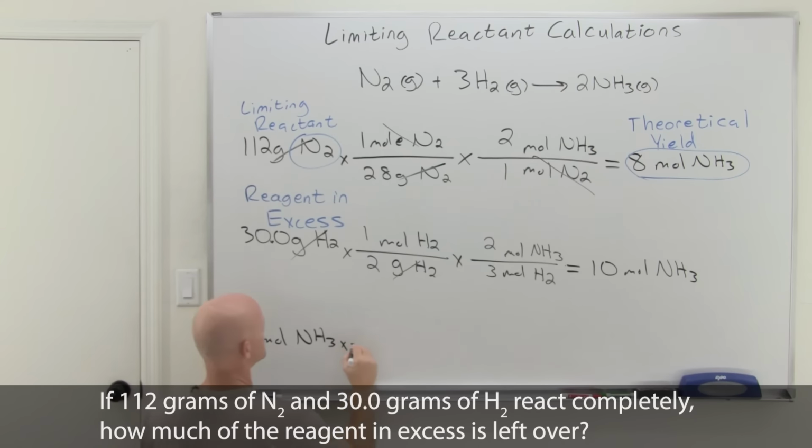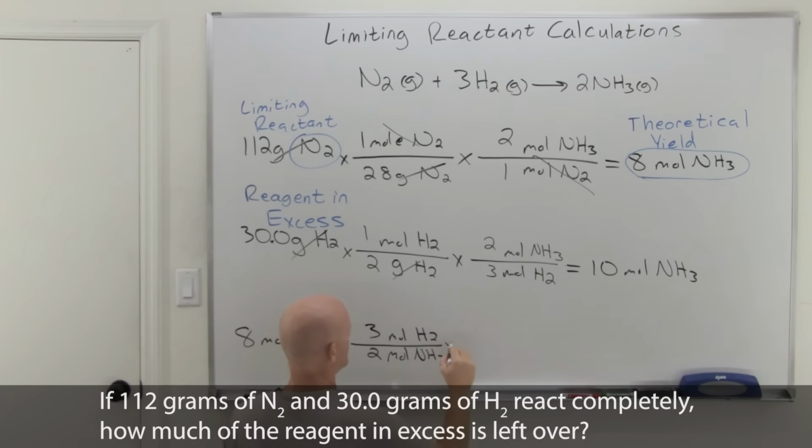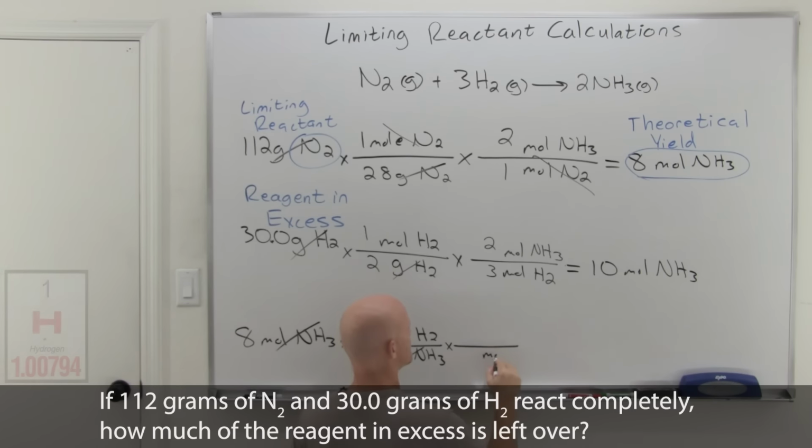And then I want to find out how much of the H2 got used up. So we'll relate the moles of NH3 to the moles of H2, and that mole-to-mole ratio, once again, comes from the coefficients, so 3 moles of H2 for every 2 moles of NH3. And we'll take this one step further and go to grams here. And again, that connection between moles of H2 and grams of H2 is always the molar mass.